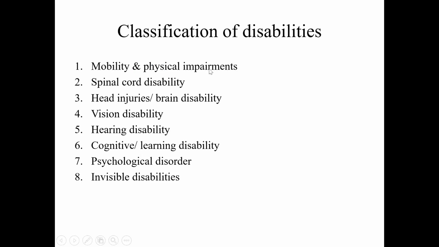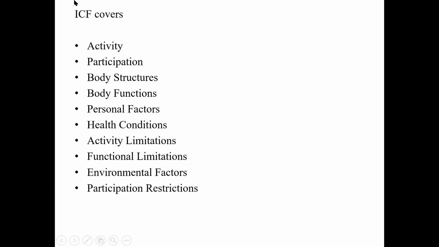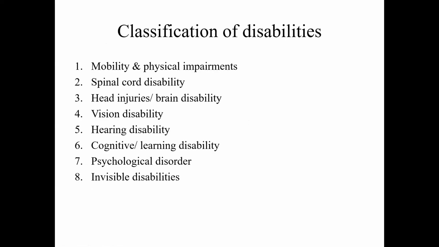One is mobility and physical impairment category, one is spinal cord disability category, another is head injury and brain disability, vision disability, hearing disability, cognitive and learning disability, psychological disorder, then invisible disabilities. Okay, so by checking all these aspects, the WHO has helped us to classify the disabled person into these 8 classifications.